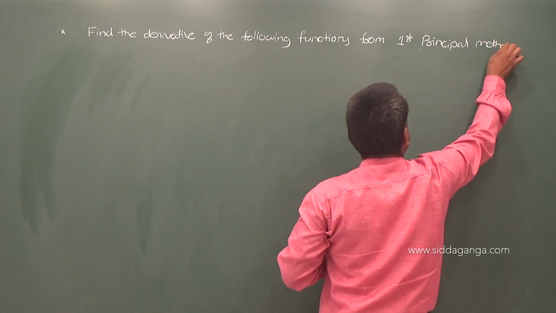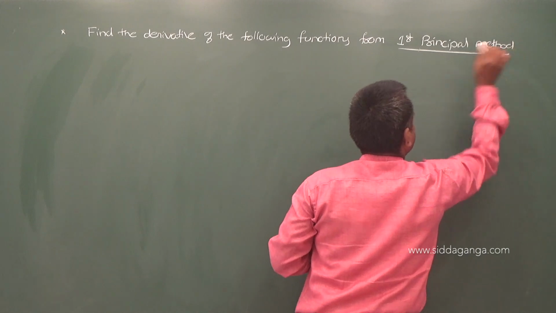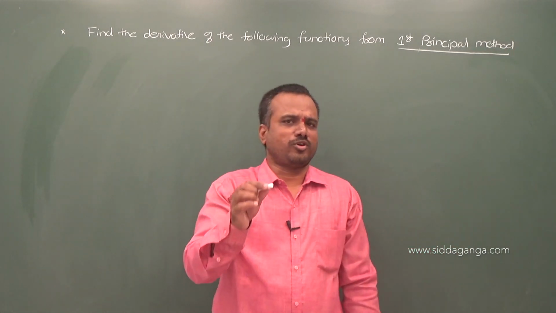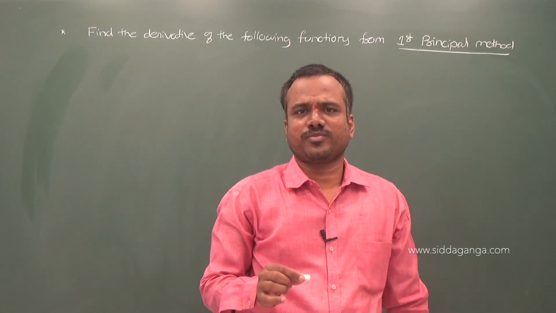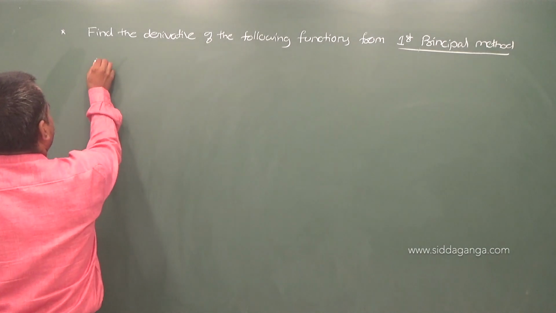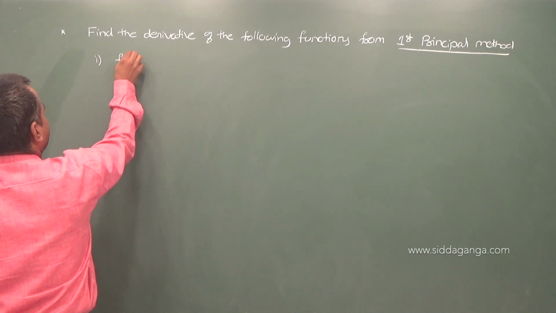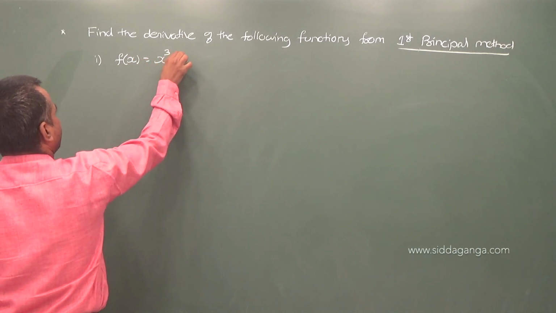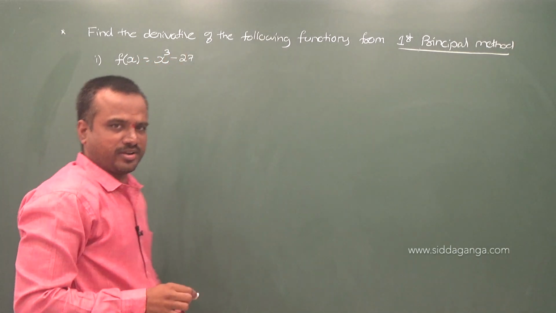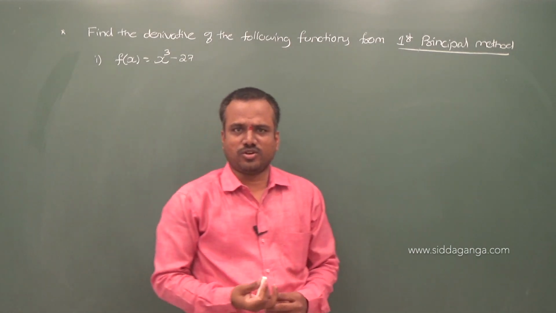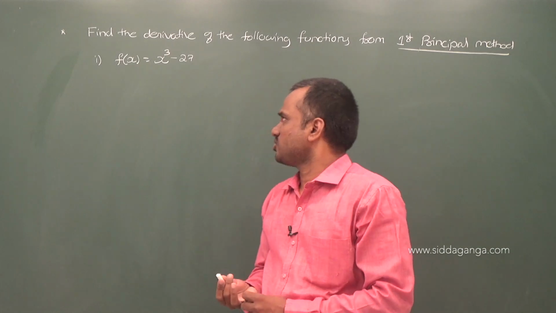You already discussed this concept. Find the derivative of the following functions from what? First principle method. In that, the first problem: f of x is equal to x cube minus 27.